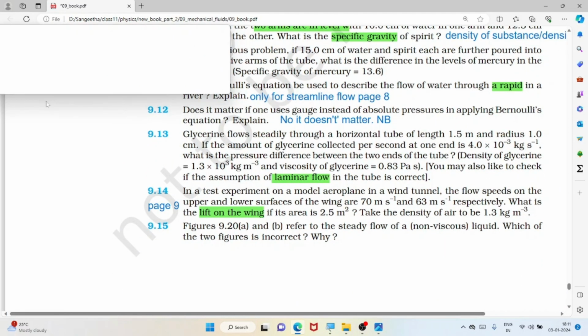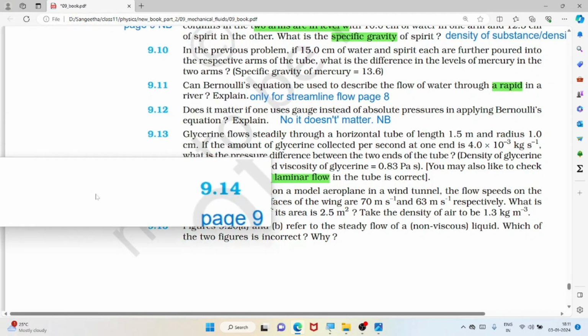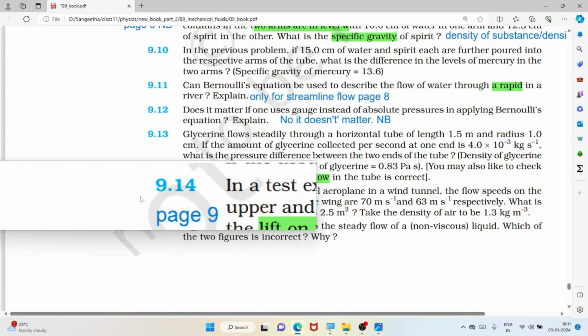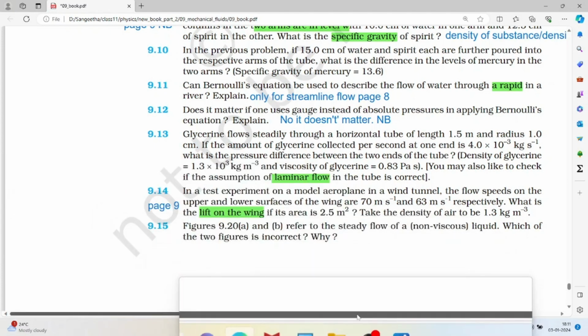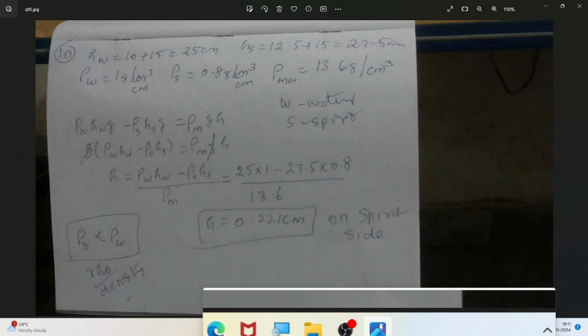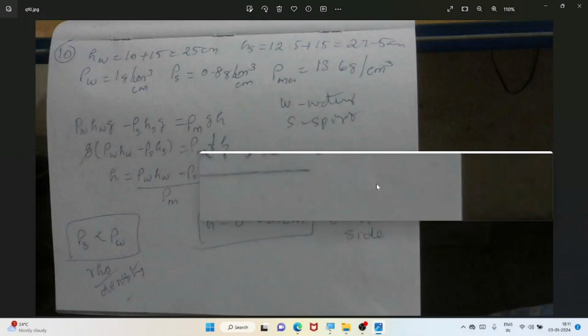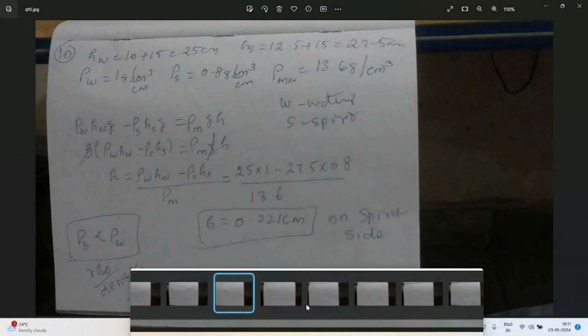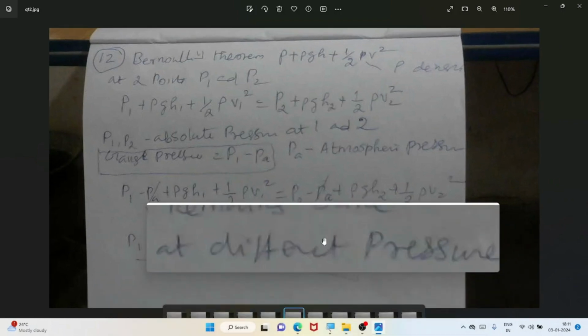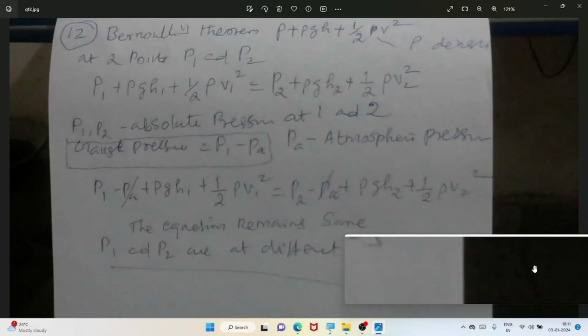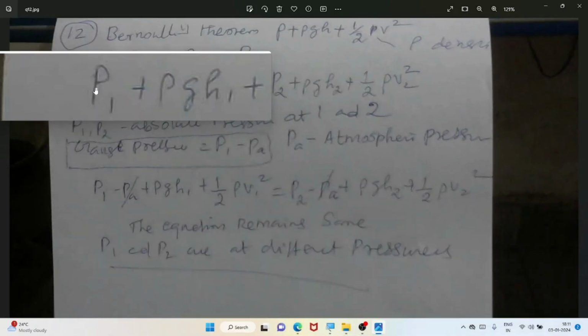Does it matter if one uses gauge pressure instead of absolute pressure in applying Bernoulli's equation? No, it does not matter, because this pressure is there on both sides. This is Bernoulli's principle, with absolute pressure.